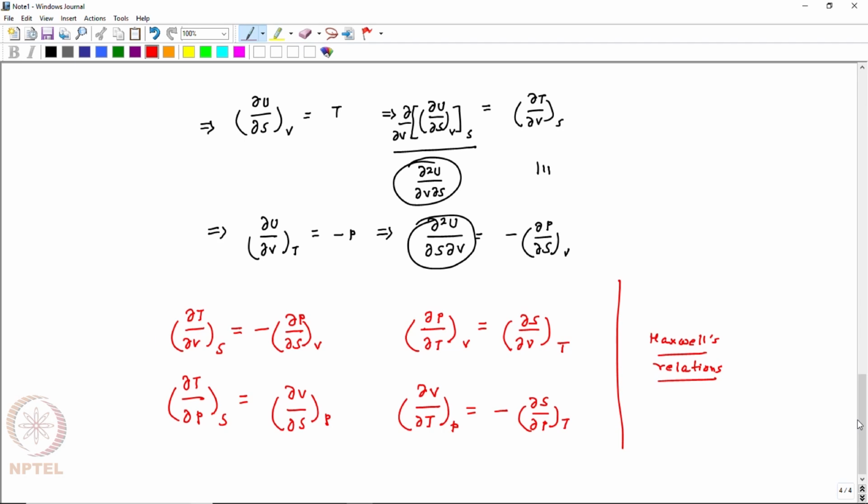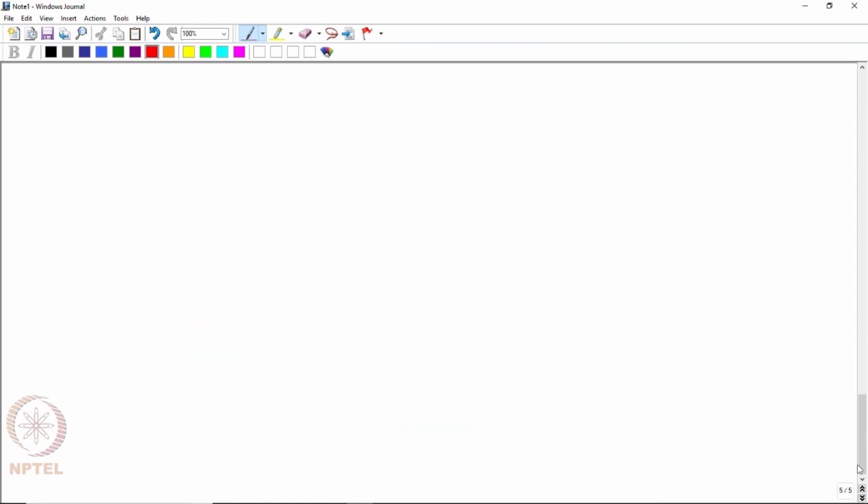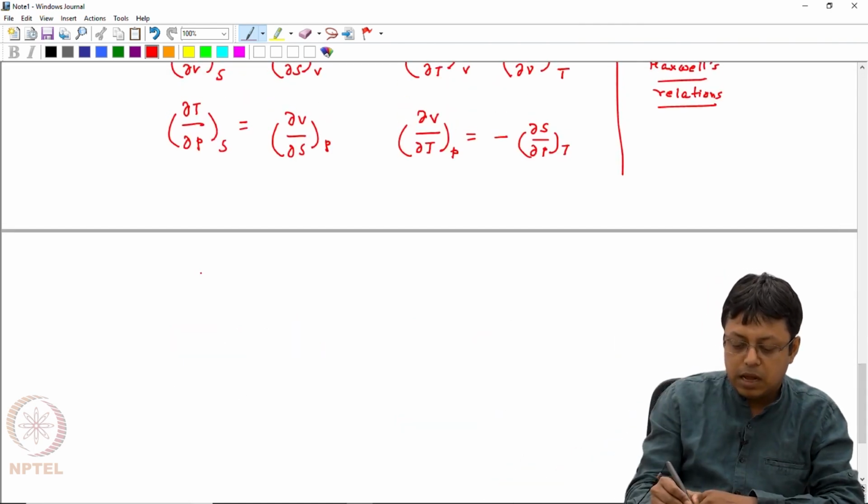And then also 2 more quantities that we particularly often use are the coefficient of thermal expansion and compressibility, which we usually write as alpha and beta.